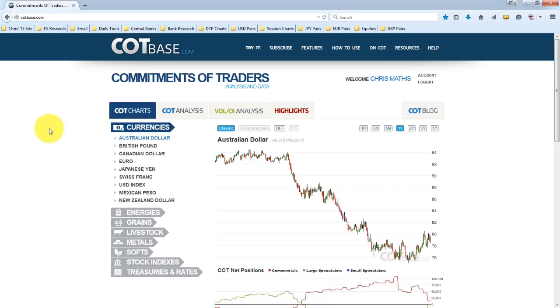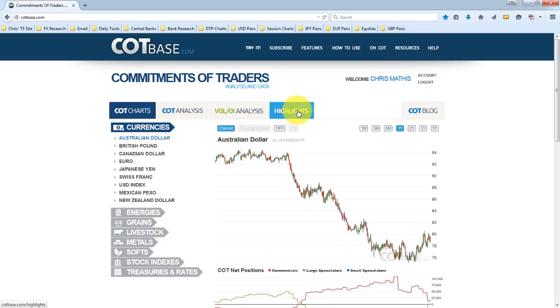So many features, including not just the charts with all your major pairs here, but you also get energies, the stock indexes, metals, so you get all your gold, silver, palladium, platinum, your treasuries, your treasury yields or your treasury bonds, the stock market indexes, S&P, everything like that. Everything you need to analyze the market from the Commitment of Traders is here. Plus they give you the volume and open interest analysis.